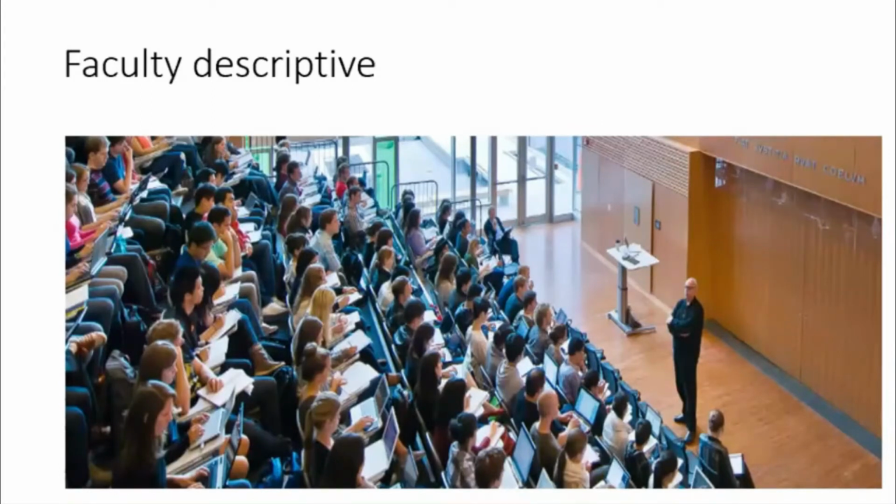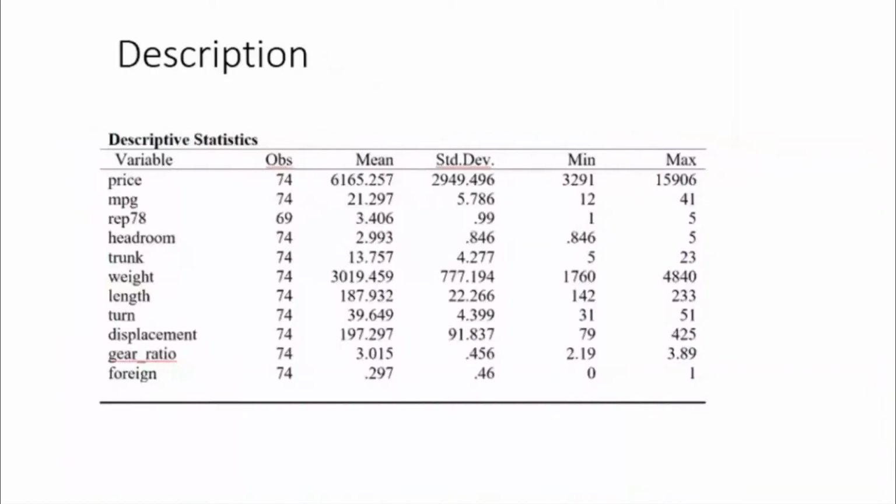Look at this table. Okay, so can you see price of the product? Suppose there were 74 products he took. OBS means observation. So in price, he took 74 products. The mean of those 74, what is mean? It is nothing but average. The average of those was 6,165.